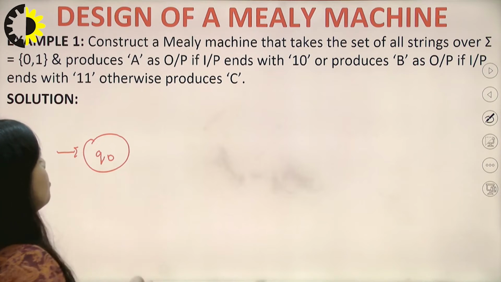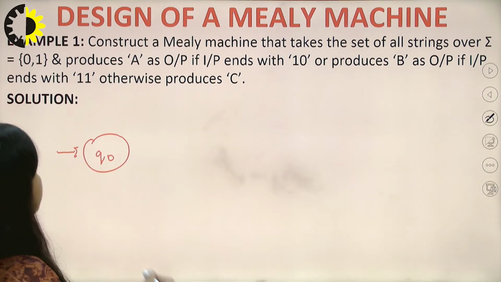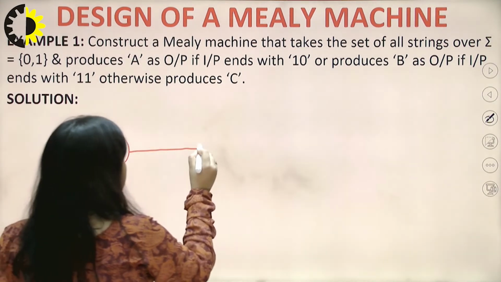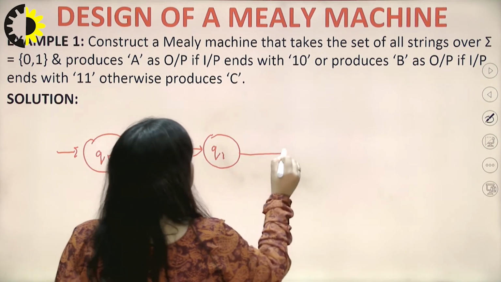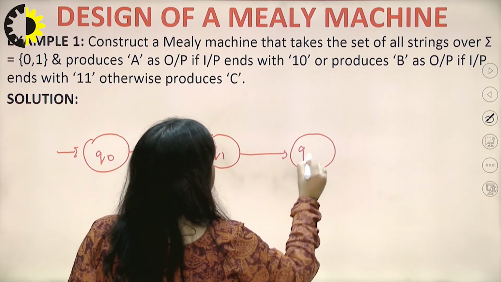We have Q0, and the machine produces A as output if the input ends with 1, 0. So let's create Q1, Q2.